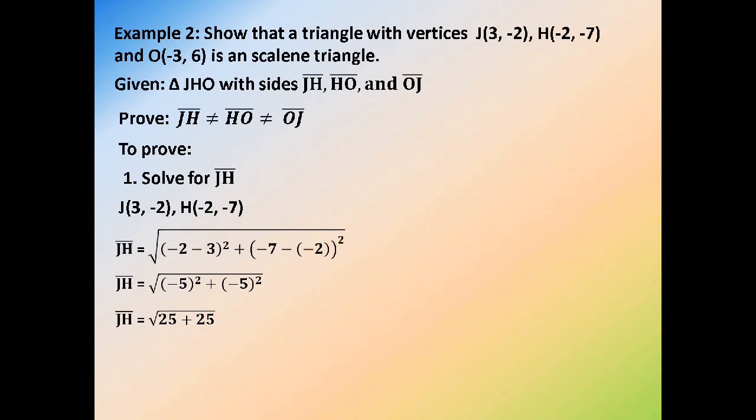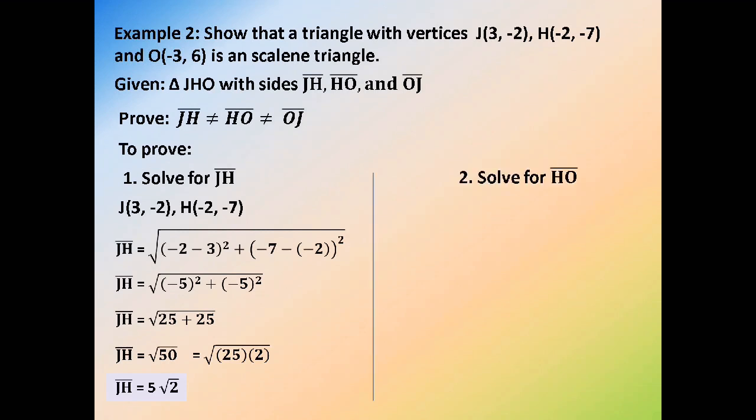JH now becomes the square root of 25 plus 25. JH is equal to the square root of 50. And of course, we are going to extract a square root and get the perfect square from the factors. And we have come up with JH is equal to 5 square root of 2.